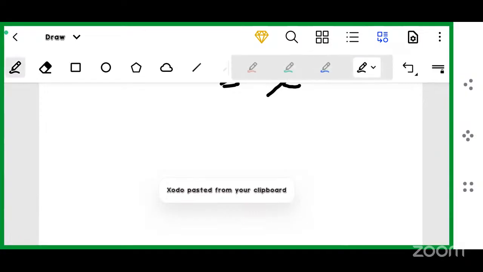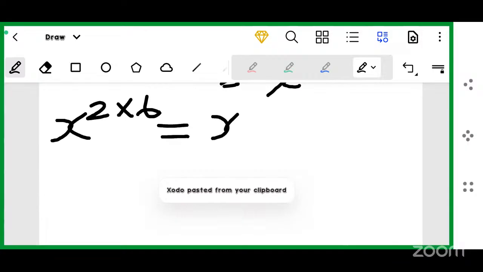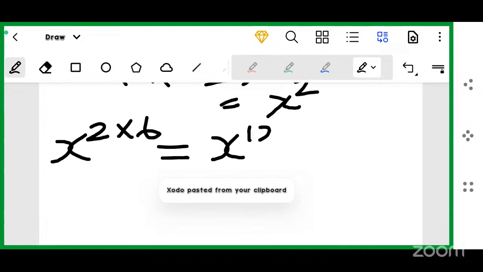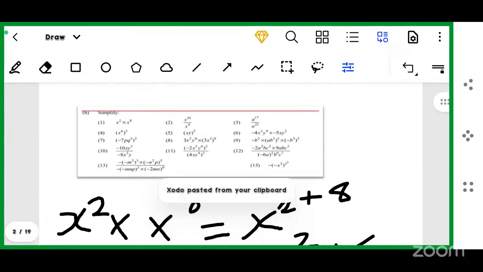So it's x to the power of 2 multiplied by 6. What is going to be your final answer? X to the power of 12. Correct, and the first one was also correct.